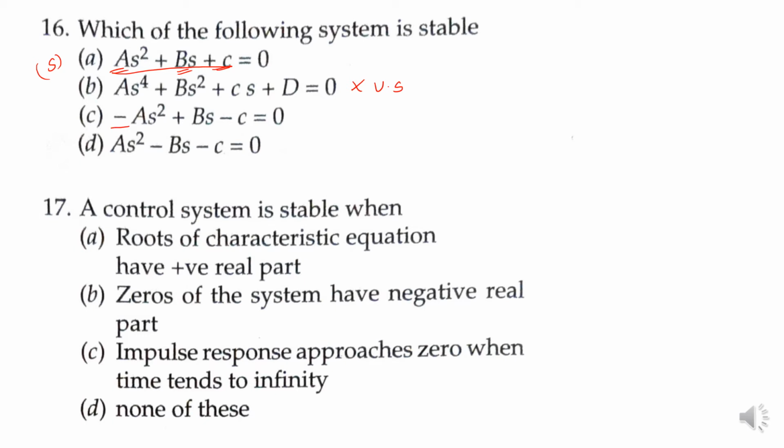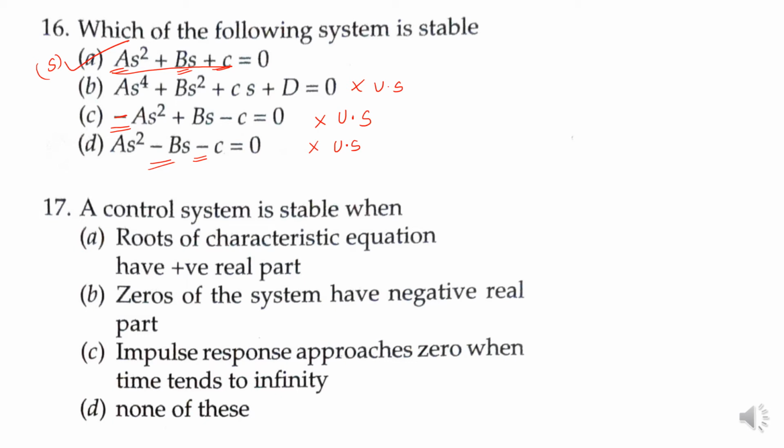Here the first column of the routh array should be positive, but a negative term comes. This is also unstable. Here we are having a negative term, so this is also an unstable system. The correct one is 16 A.